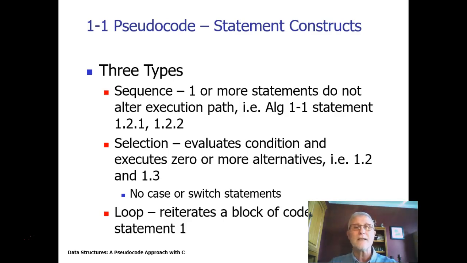That would be like an if statement or if-then-else statement. In pseudocode, there are no case or switch statements that you see in some other languages. And a loop, as you've seen in other programming languages, just iterates a block of code.